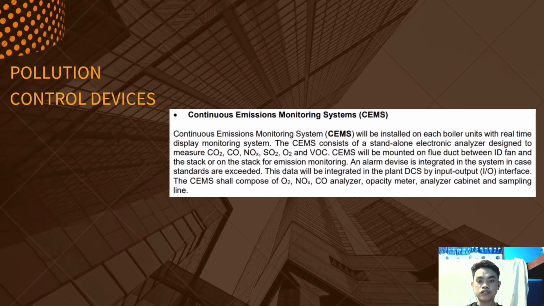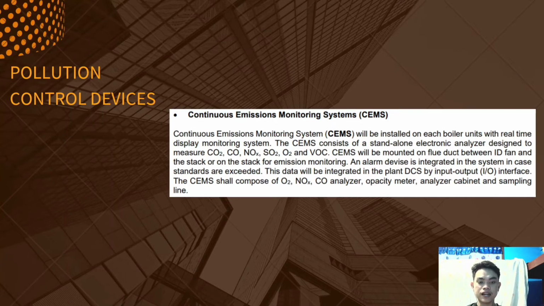Continuous emission monitoring system. It will be installed on each boiler unit with a real-time display monitoring system. The CEMS consists of a standalone electronic analyzer designed to measure CO2, CO, NOx, SO2, O2, and VOC. CEMS will be mounted on the flue duct between the ID fan and the stack, or on the stack, for emission monitoring.